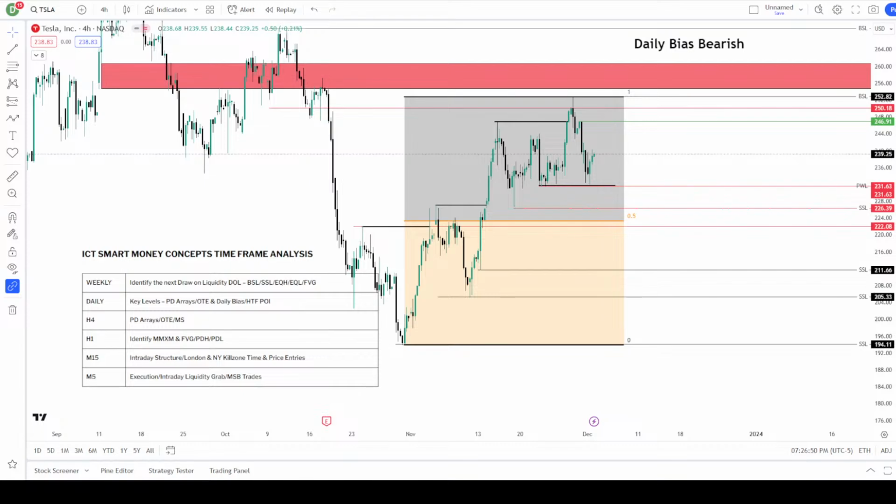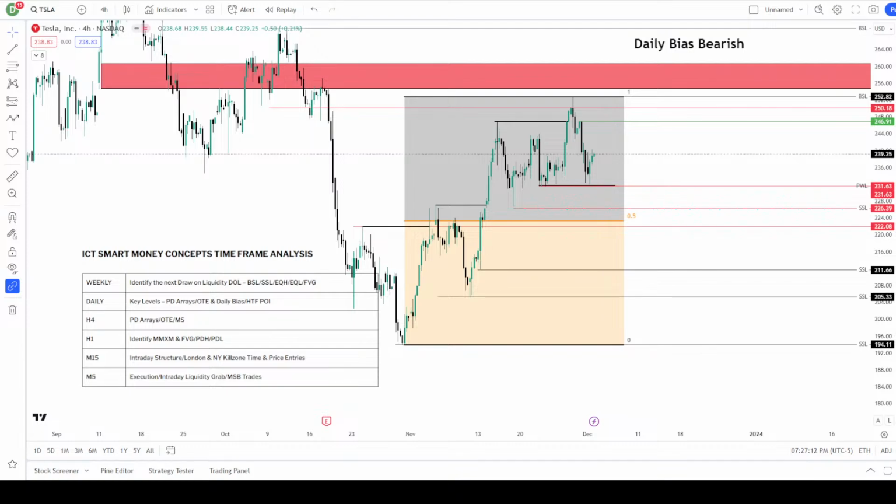So the market maker model can be on all different time frames. What's important about market maker model identification is that you pay attention to the time frame that you're using to trade, for how you're identifying the market maker model. So in the chat is the graphic for the market maker model, how to identify it.